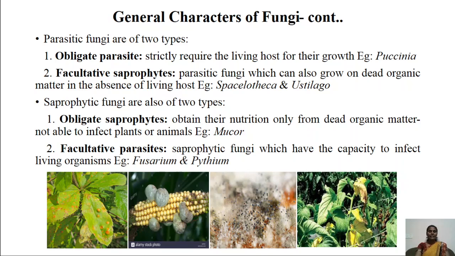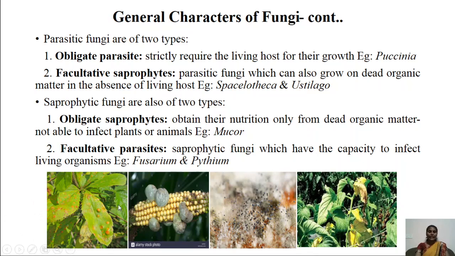Then the second category is facultative parasites. These are actually saprophytic fungi, but if they get the chance to infect a host, they have the capacity to infect living organisms. Hence they are called facultative parasites. Examples, Fusarium and Pythium.